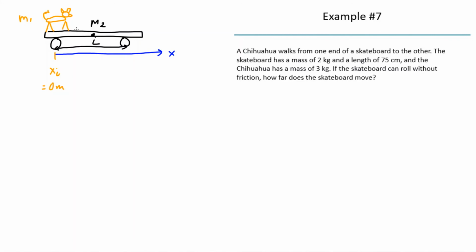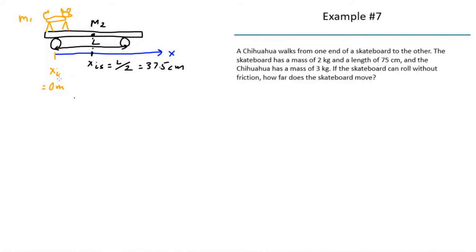The position of the center of mass of the skateboard is x initial, say x initial skateboard equals L over 2. So that's half of 75 centimeters, which is what? 37.5 centimeters.